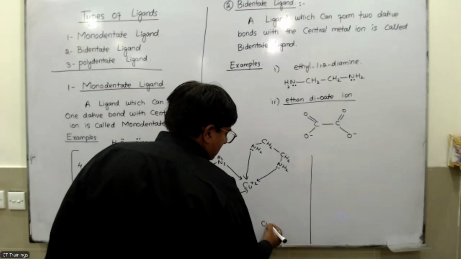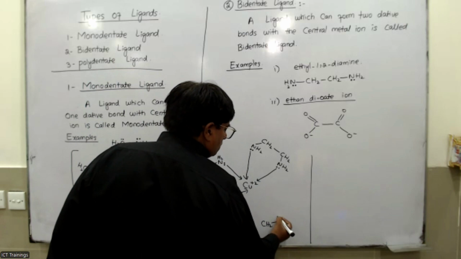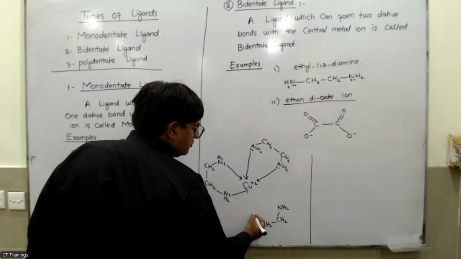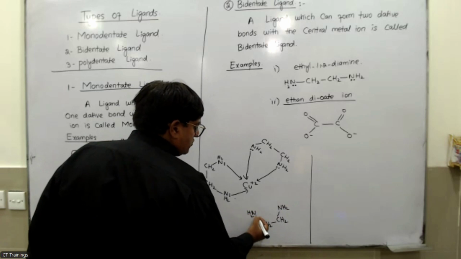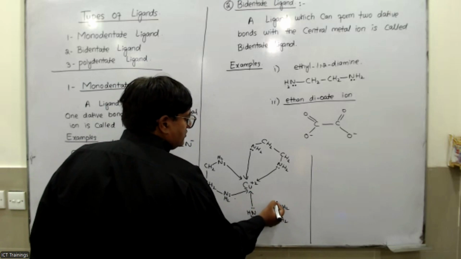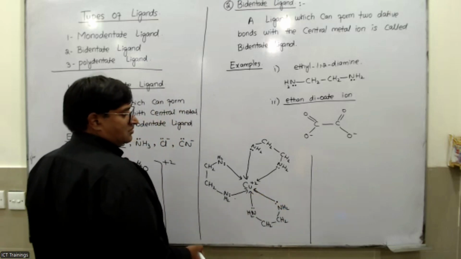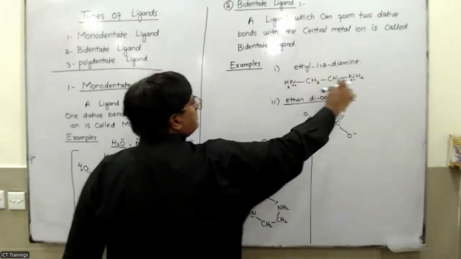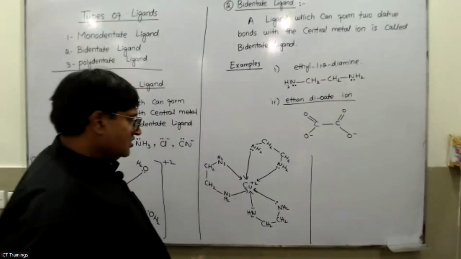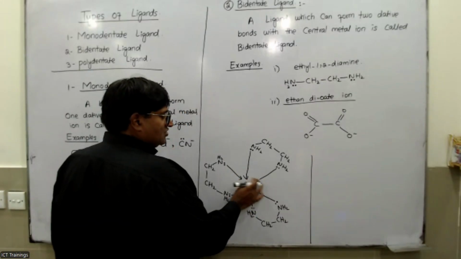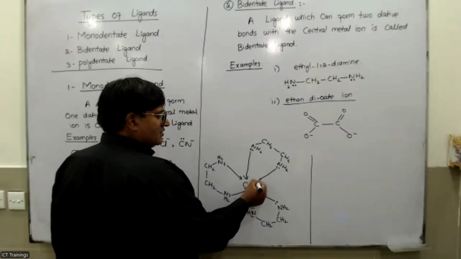And just like that, CH2, CH2, NH2, NH2. This one can form a dative bond, this one can form a dative bond. So this whole thing, if you see, is neutral. It does not have any charge. So the charge is that of the copper, the plus 2 copper, my dear.